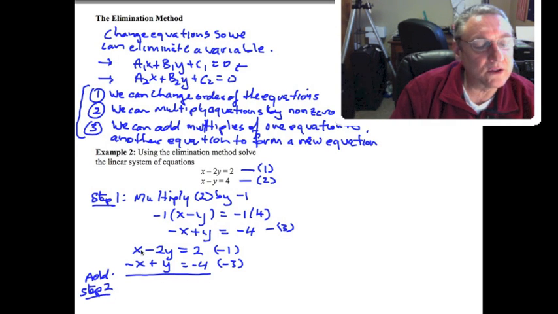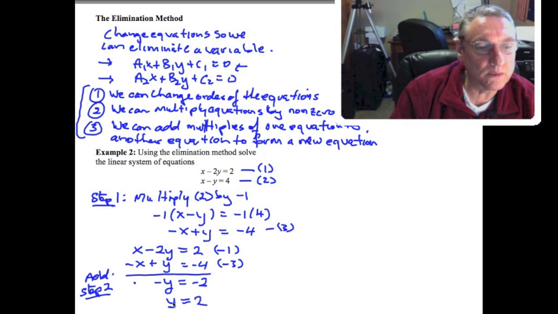Now when I add these, x plus -x is 0x. Then I have -2y plus y gives me -y, and that's equal to 2 plus -4 gives me -2. I now have this new equation, -y is equal to -2, which means that y must be equal to 2.